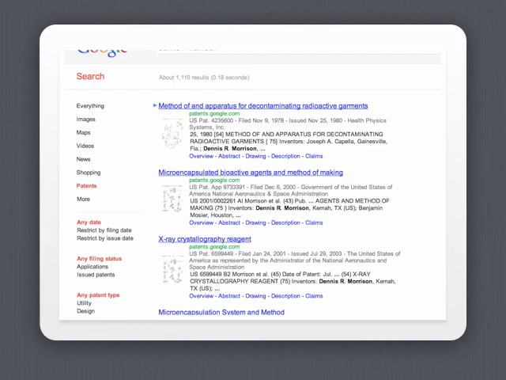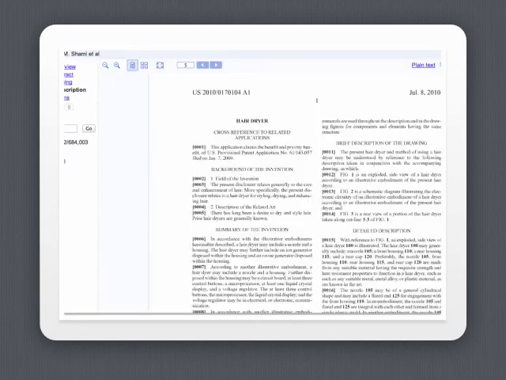And then the micro-encapsulated bioactive agents and method of making is also a utility patent. The X-ray crystallography reagent, that one is also a utility patent. This one is for the hair dryer, which would be a design patent.